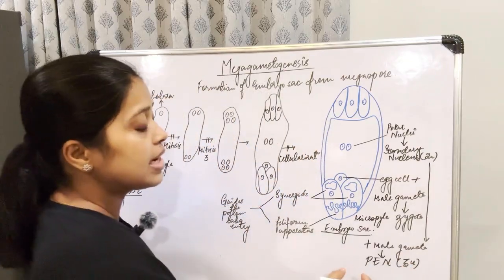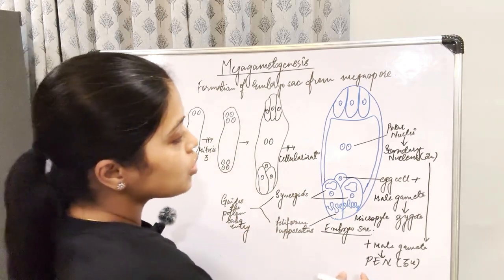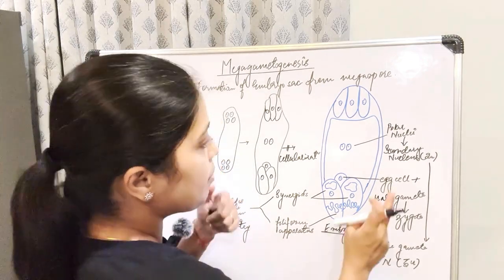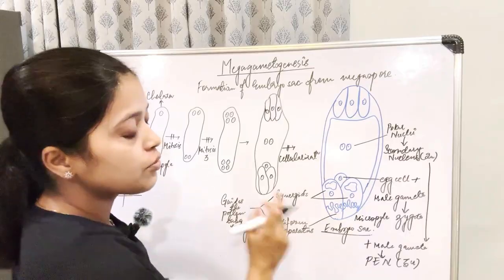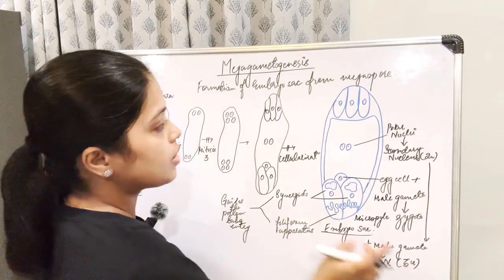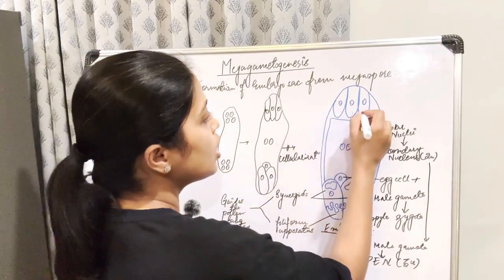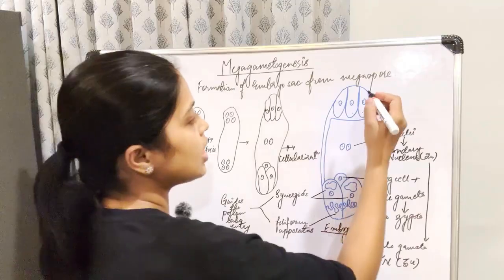You will understand it later also when we talk about the process of fertilization. Okay, and we have the three cells at the chalazal end.